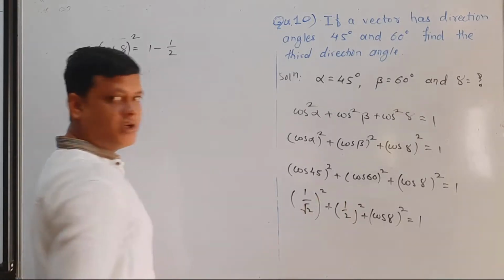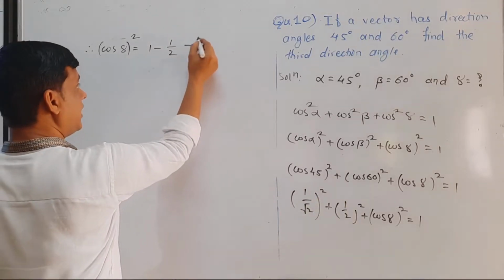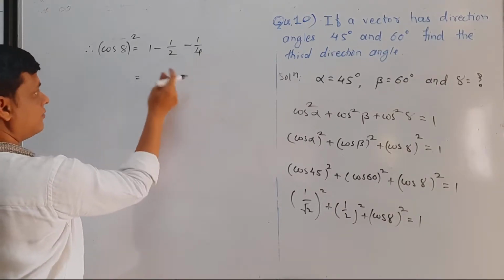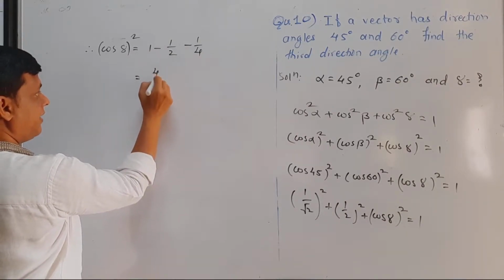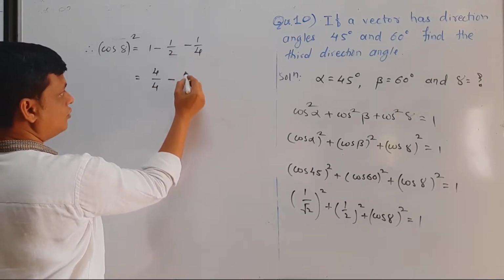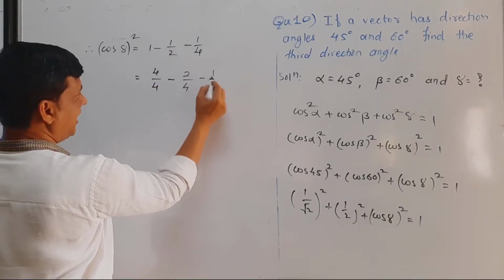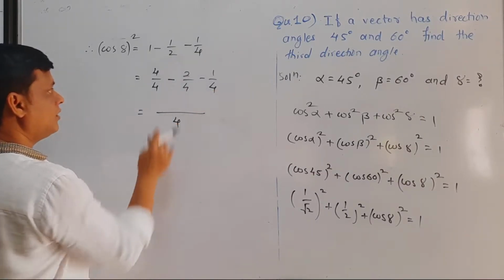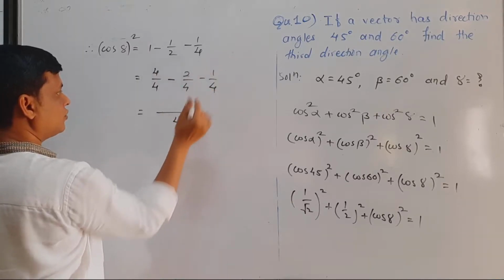The square of 1 by 2 is 1 by 4. Transfer that 1 by 4 to the right hand side, we get minus 1 by 4. So make the base the same: multiply and divide the first term by 4 and the second term by 2. So we get 4 by 4 minus 2 by 4 minus 1 by 4. Now the base is the same, so write base 4: 4 minus 2 minus 1.